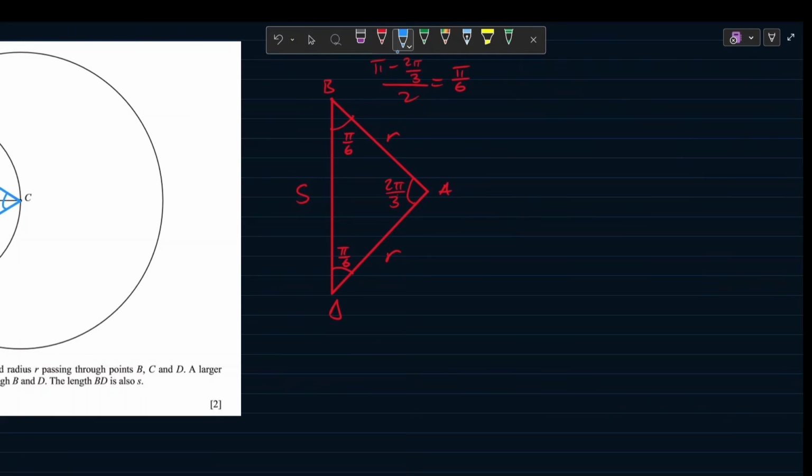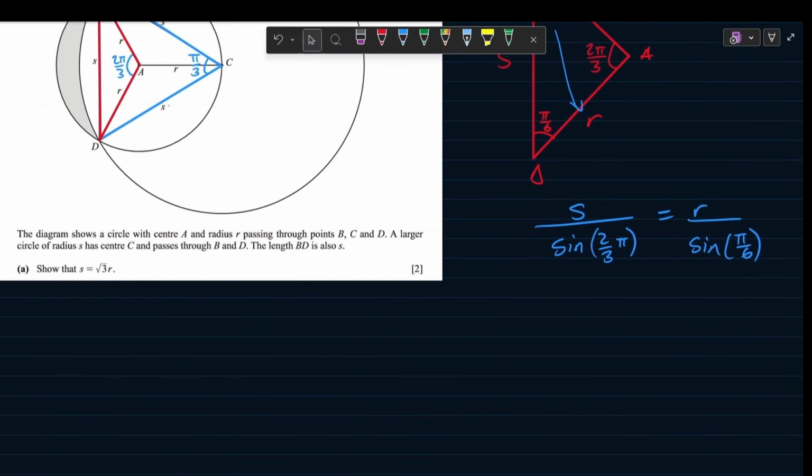So I can say that S divided by sine of 2/3 pi has to be equal to, then, I know that this angle pi over 6 corresponds to the length R. So I can say R divided by sine pi over 6. And here our goal is to get an expression for S in terms of R. So we need to make S the subject of the formula.